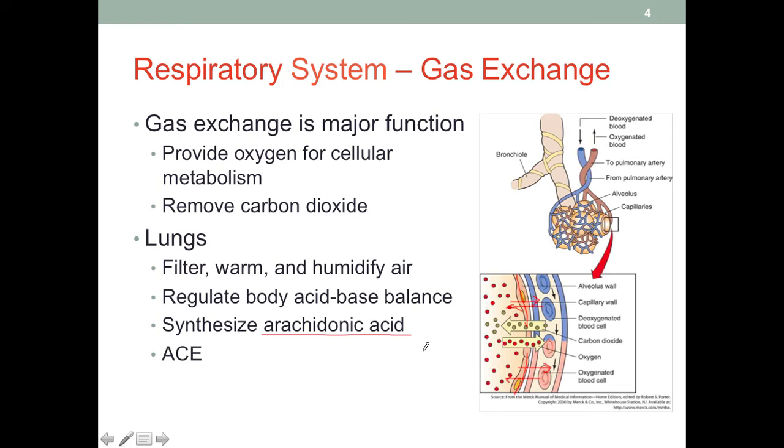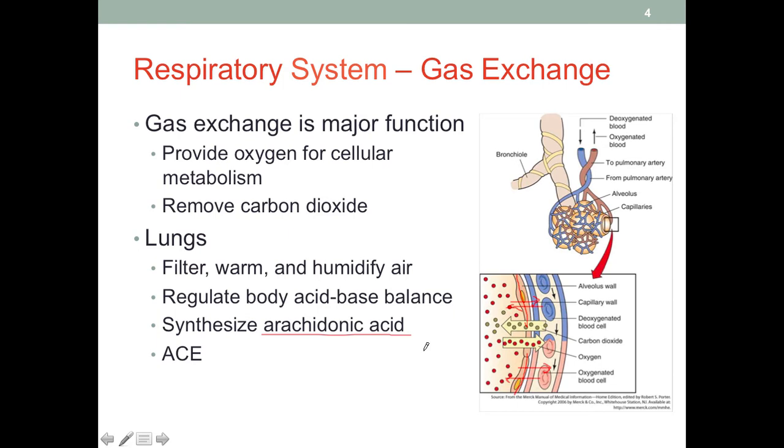Our lungs also participate in regulating fluid balance and partially in regulating blood pressure. As you've discussed when you learned about hypertension, I'm sure they mentioned the renin-angiotensin system.